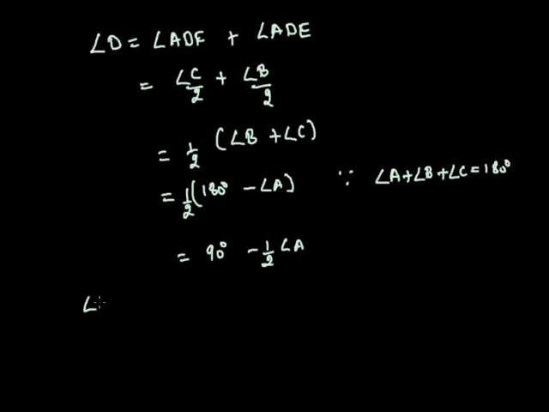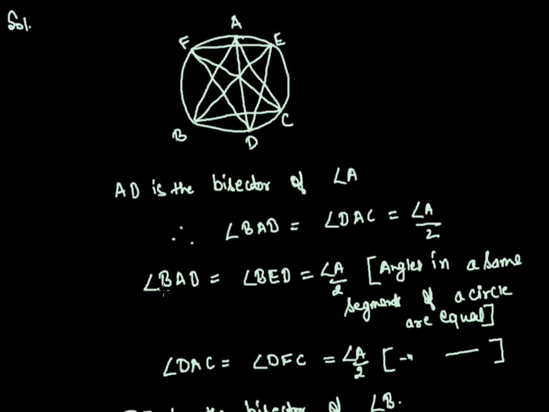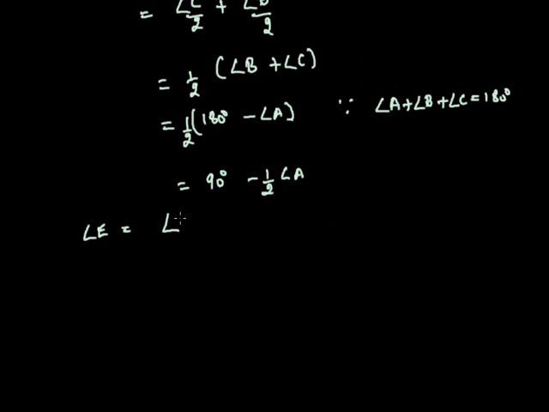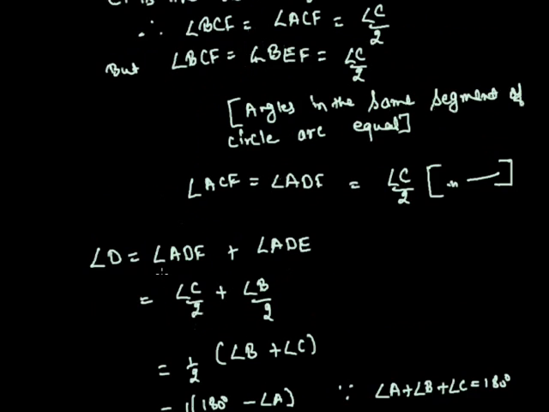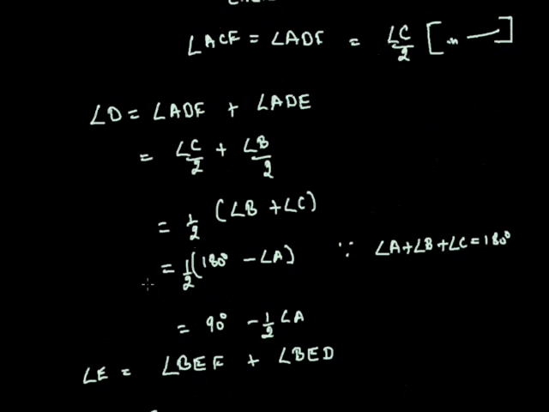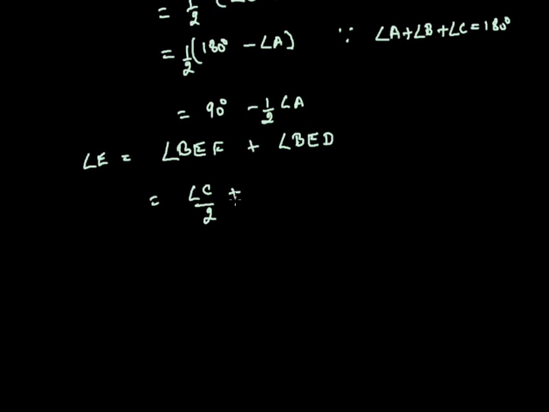Now angle E can be written as angle BEF plus angle BED. Now angle BEF is equal to angle C by 2 and angle BED is equal to angle A by 2.